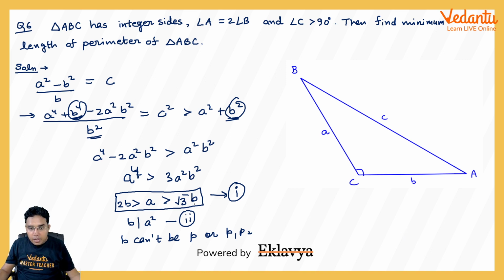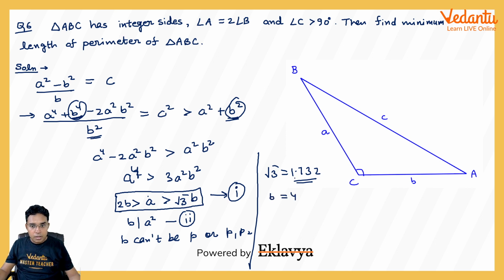Now please see, if we have to find the minimum length of perimeter, and if I start putting the values, because root 3 is 1.732, in order to get an integer between root 3b and 2b, I think I should take b from 4 only.